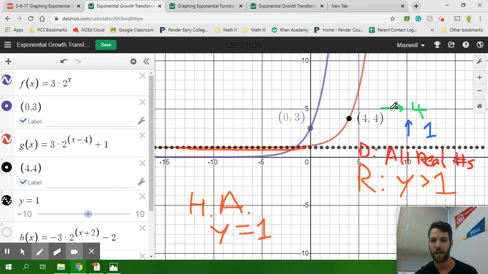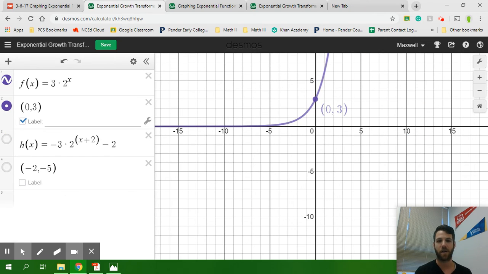And we've seen that we have a right 4 up 1. We know that our domain is all real numbers. Our range is that y is greater than 1. And our horizontal asymptote is y is equal to 1. And that just means that our red graph is going to get really close to that black dotted line, but never actually able to cross it.